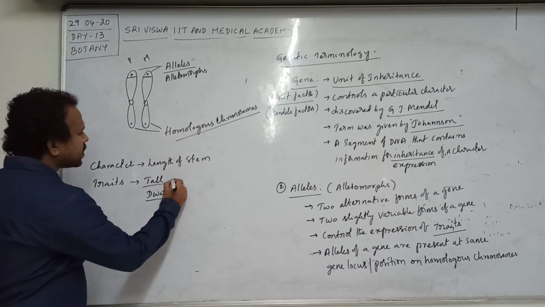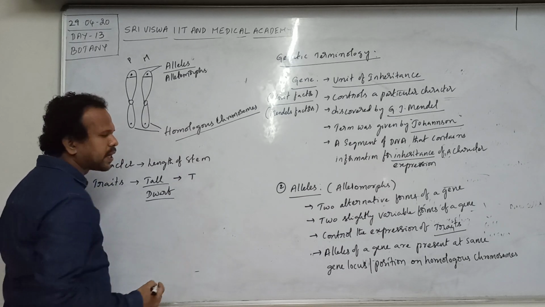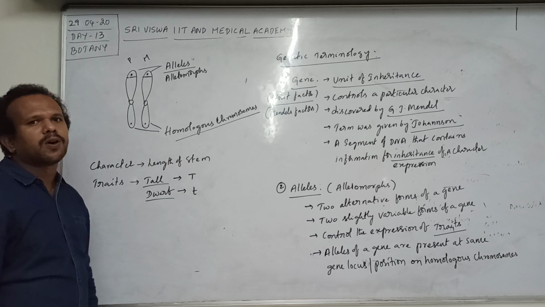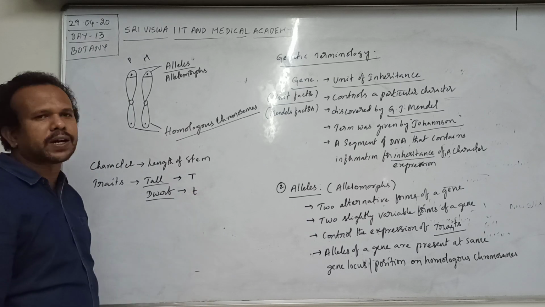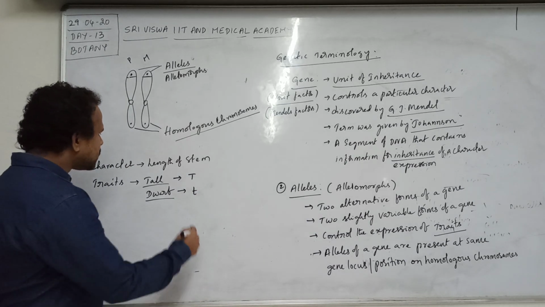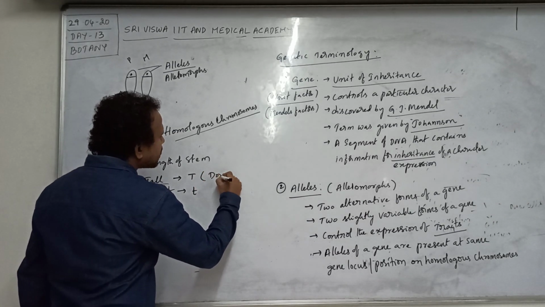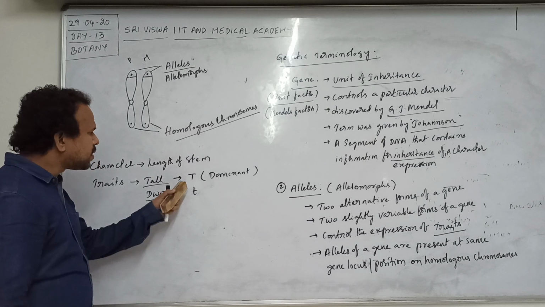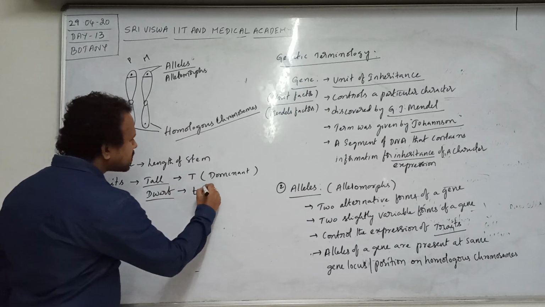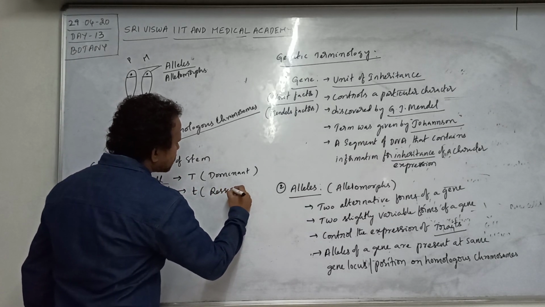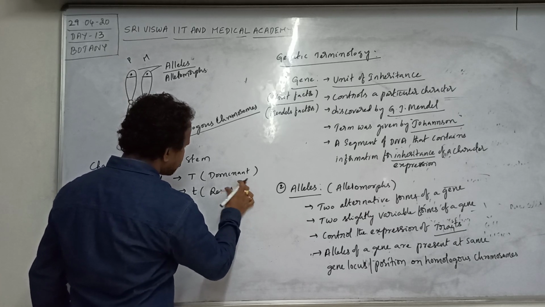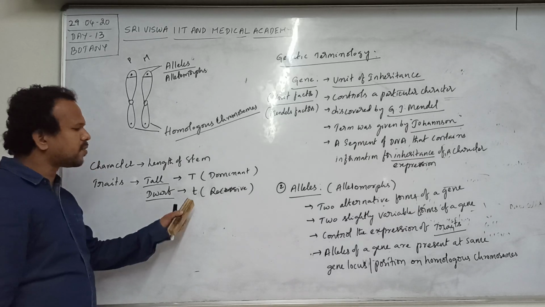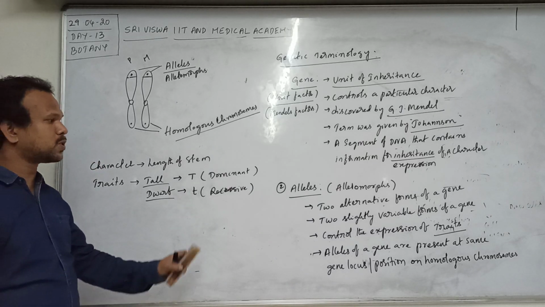Tallness is controlled by the capital T allele. Dwarfness is controlled by the small t allele. The dominant allele is written in a capital letter. The recessive allele is represented by the small t allele. Here the most important.